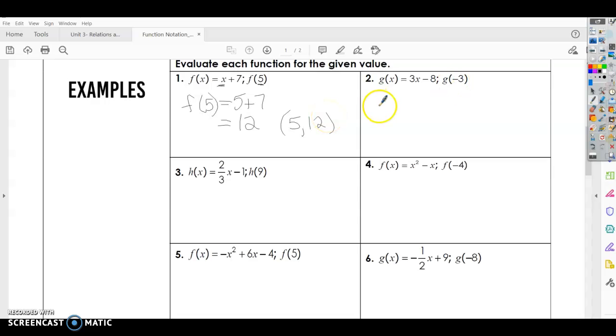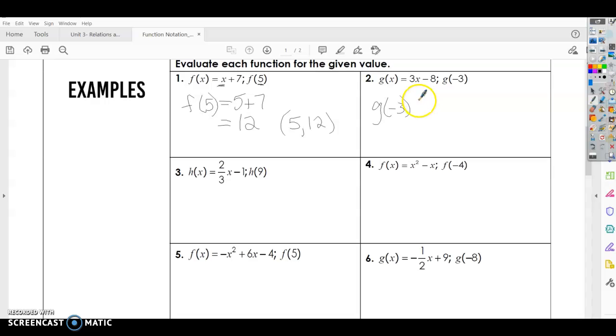All right, so g of negative 3. That's the same as g of x, or f of x, or h of x, or whatever. Again, that's just function notation. It's just another way to write an equation and represents that it is a function.